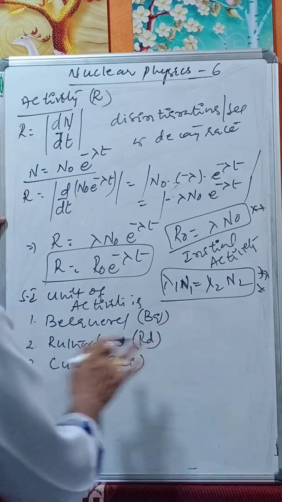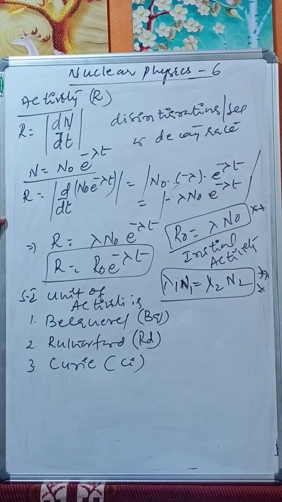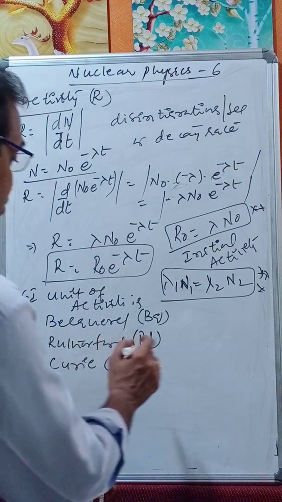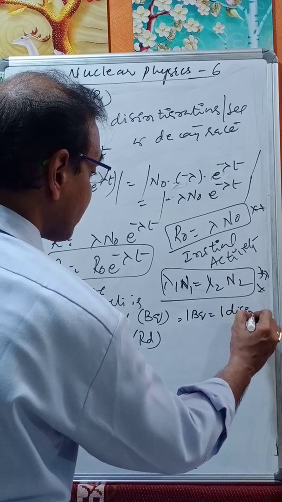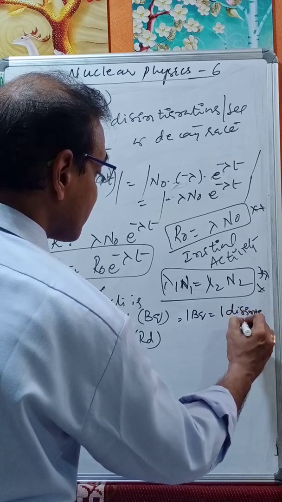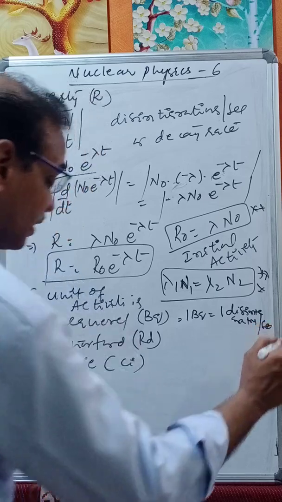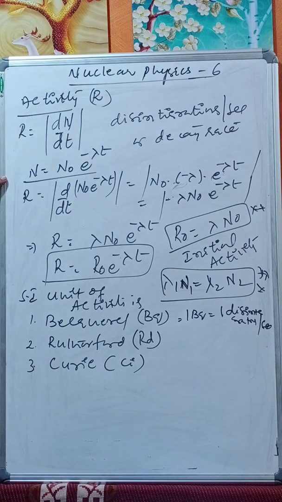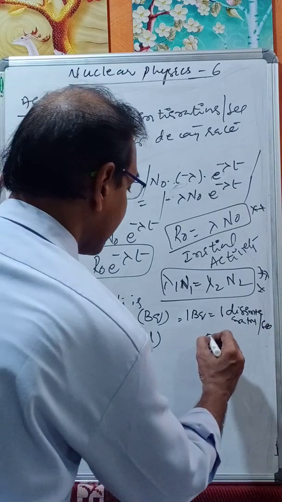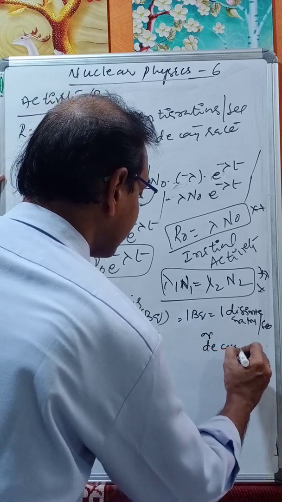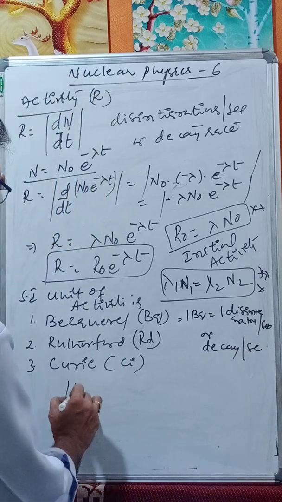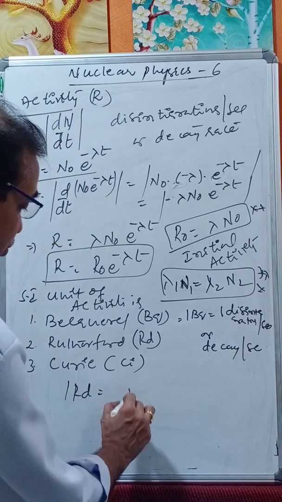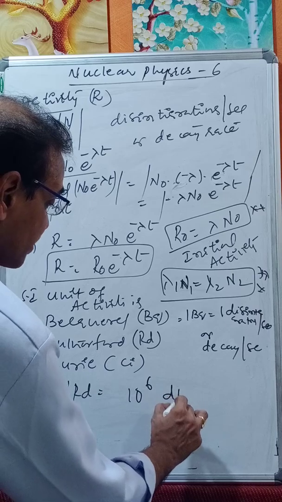These are the units of activity. One becquerel is 1 disintegration per second or decays per second. 1 Rutherford is equal to 10 power 6 disintegrations per second.